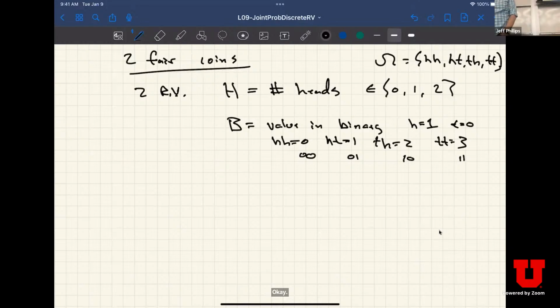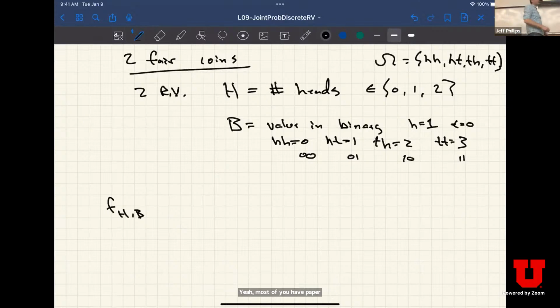So I want you as a class to take a few minutes to write down the PDF over these two random variables. Why don't you go and work this out? Do you want to go in breakout rooms on Zoom? Go and talk with your neighbors. Try to write down this table. Most of you have paper out.